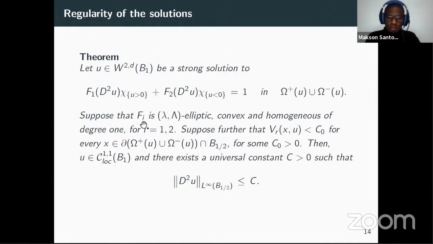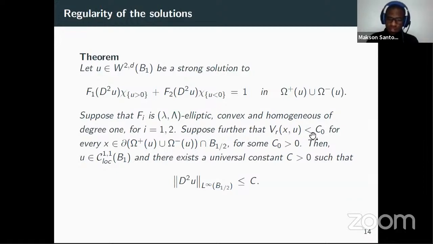Okay, and now by using the quadratic growth, we can prove the regularity of the solutions. Again, we have a solution to our equation, F is elliptic, convex, and homogeneous of degree 1.